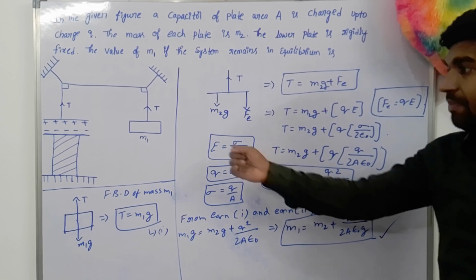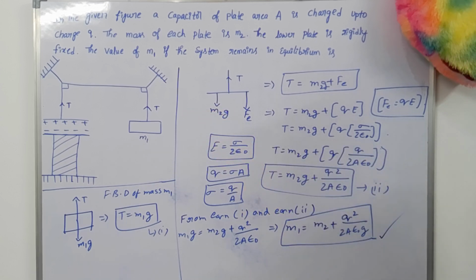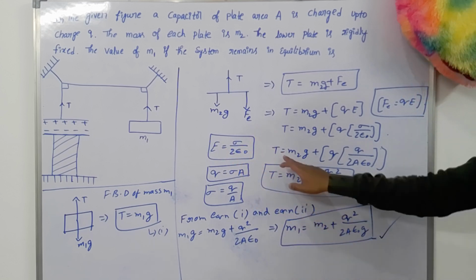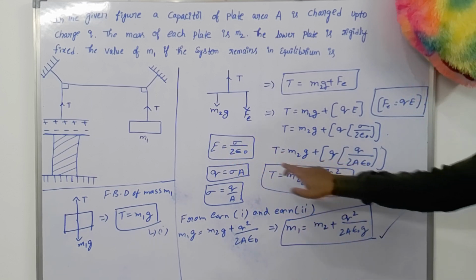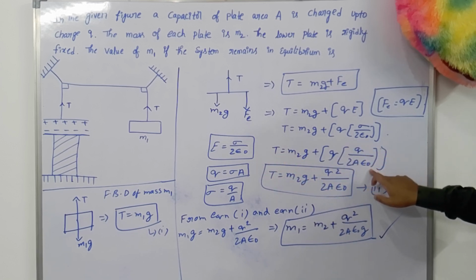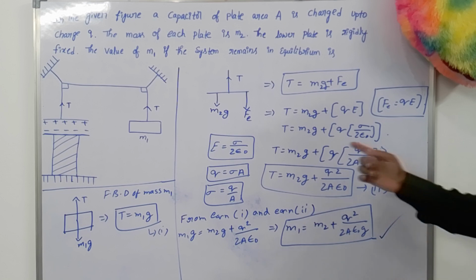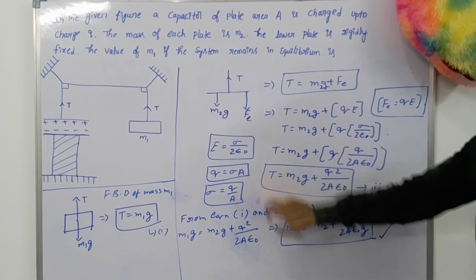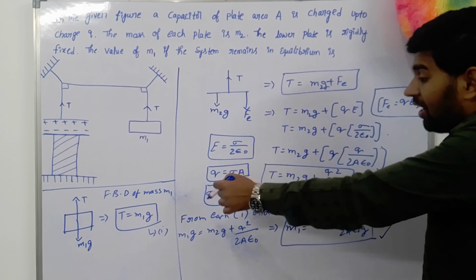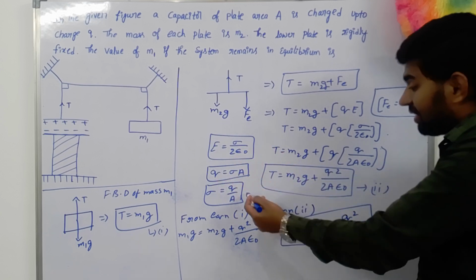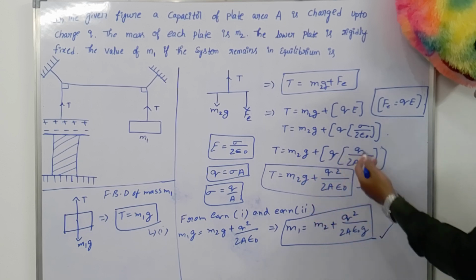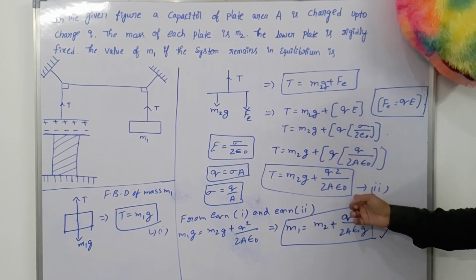The electric field of each plate of a parallel plate capacitor, E is equal to sigma by 2 epsilon naught. From this, T is equal to M2g plus Q into, if you substitute the value here, Q by 2A epsilon naught. And we have one more formula: Q is equal to sigma A, where sigma is the surface charge density. From this we got sigma is equal to Q by A. If you substitute the value here, T is equal to M2g plus Q square by 2A epsilon naught.